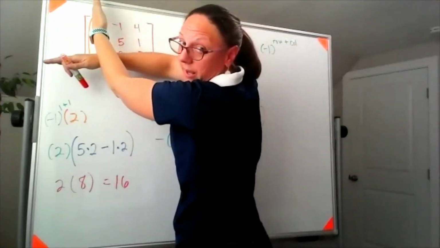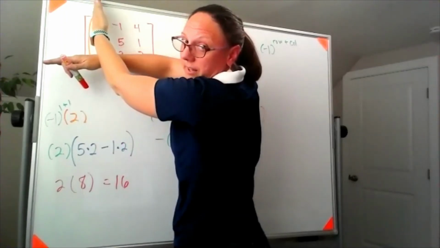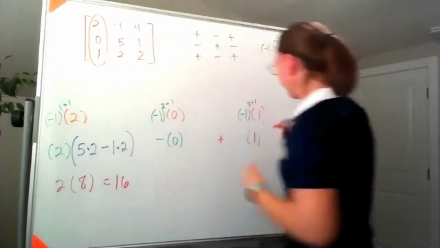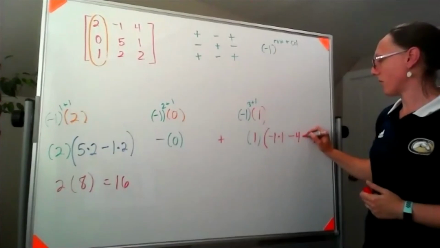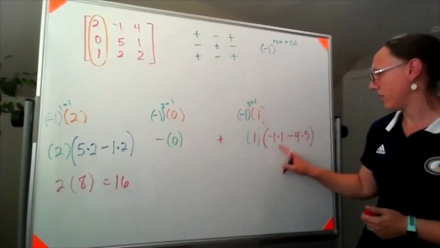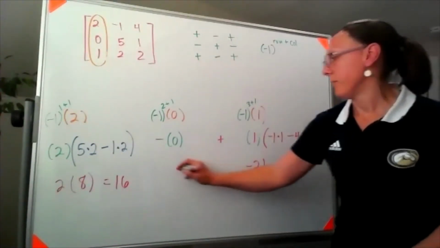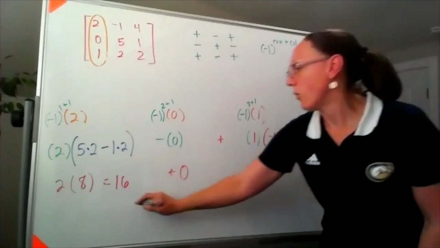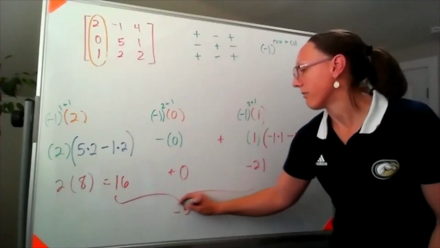So if I do that, I'm left with a 2 by 2 matrix where the determinant is -1 times 1 minus 4 times 5. So -1 minus 20, so it's -21. So overall, the determinant of that matrix is -5.